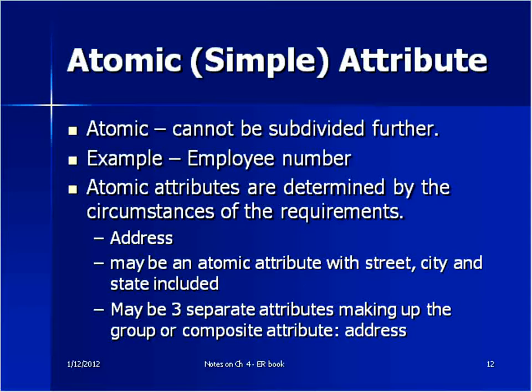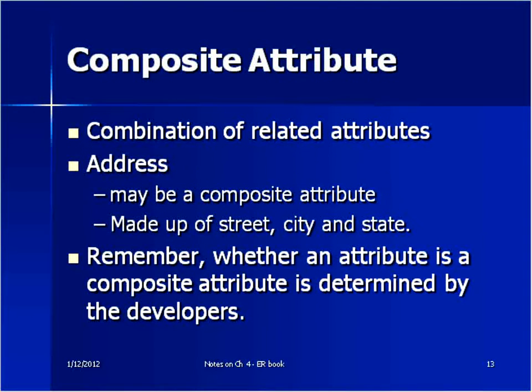But the birth date attribute in an employee database, where it doesn't matter whether the person is 56 years old or 36 years old, we maybe just want a ballpark figure of how old the person is, so we don't really care about breaking down the attribute any further than just the birth date. So in that case, that would be considered an atomic attribute in that database. But basically, the definition of an atomic attribute is whether the attribute can be broken down any further.